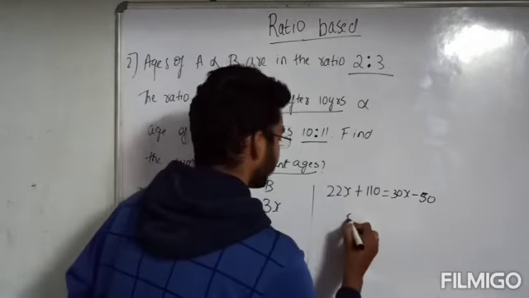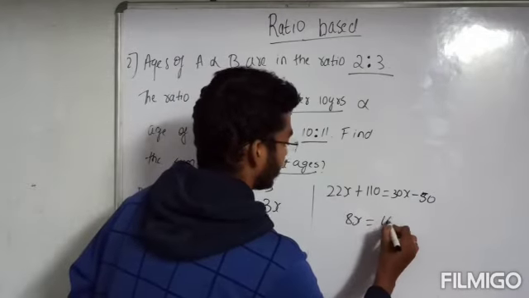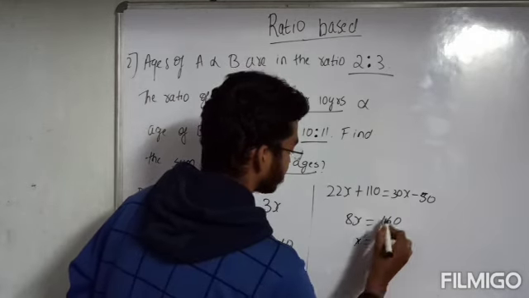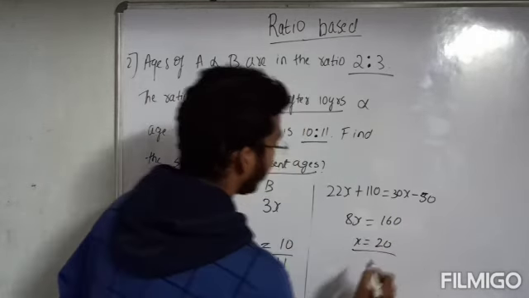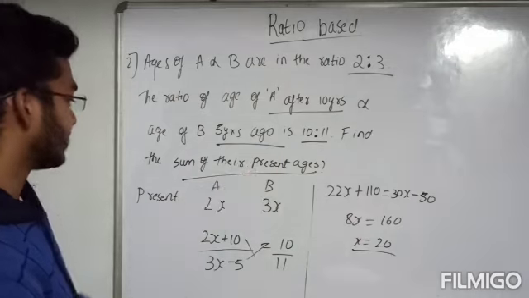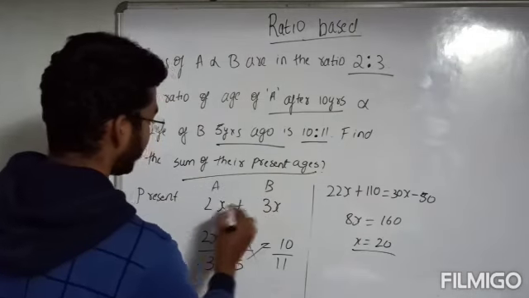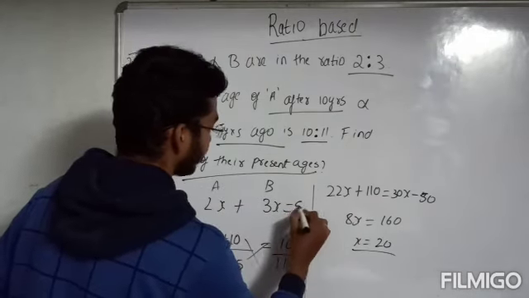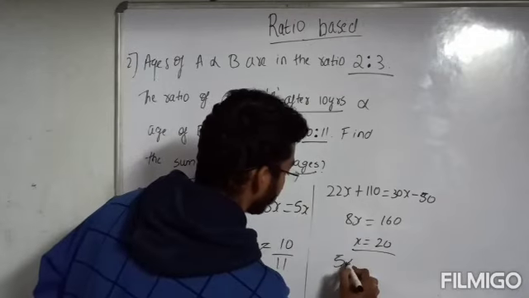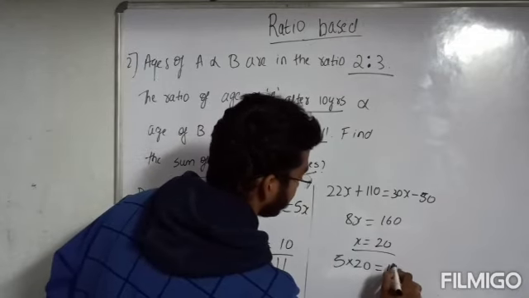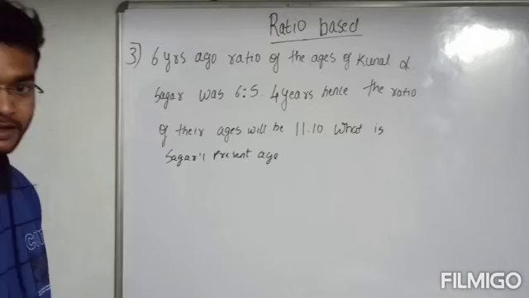By solving this, you will get 8x equal to 160. So x is equal to 20. They have asked the sum of their present ages. The sum means A plus B, that is 2x plus 3x, 5x. So 5 times 20 equals 100 years.